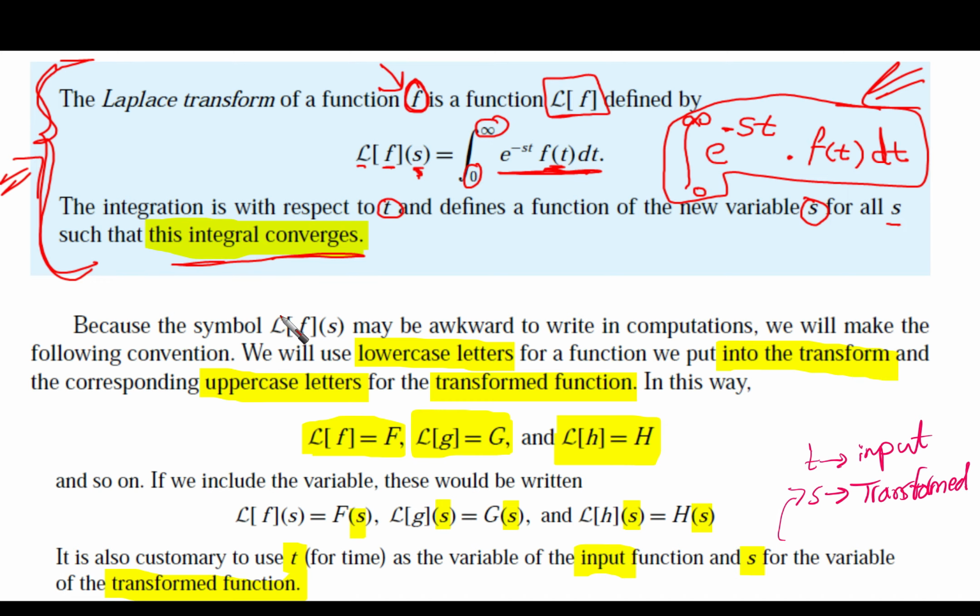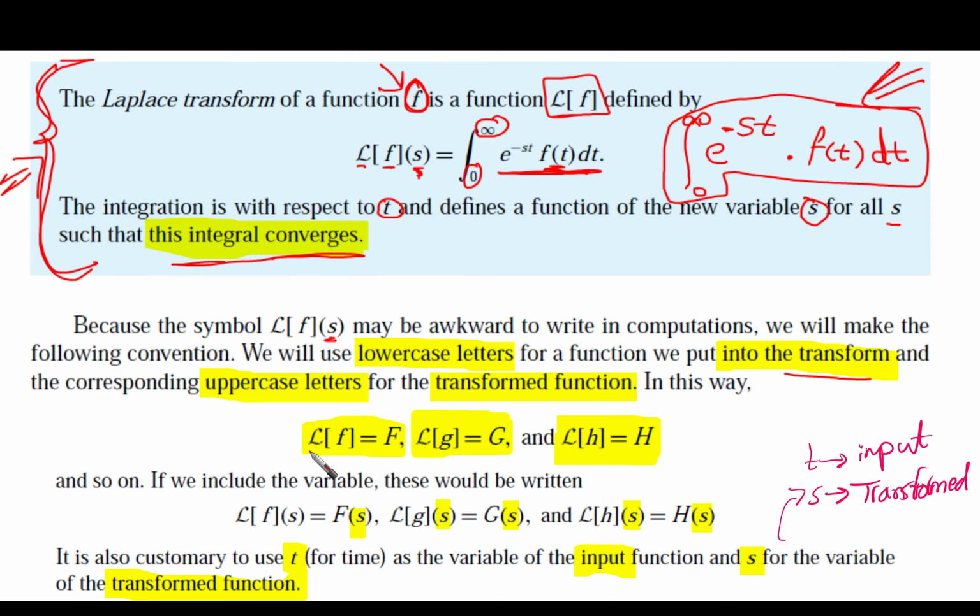Because the simple L of f with the new variable s may be awkward to write in computations, we will make the following convention. We will use lowercase letters for a function we put into the transform, and the corresponding uppercase letters for the transformed functions.